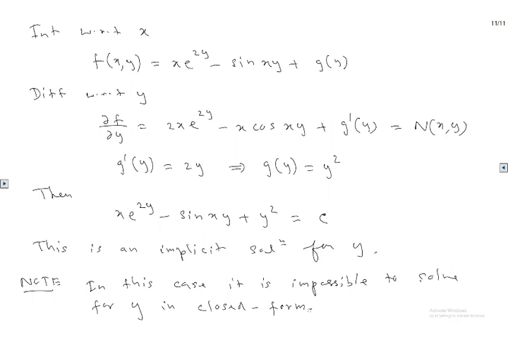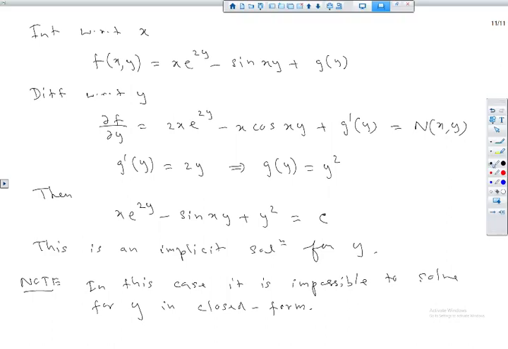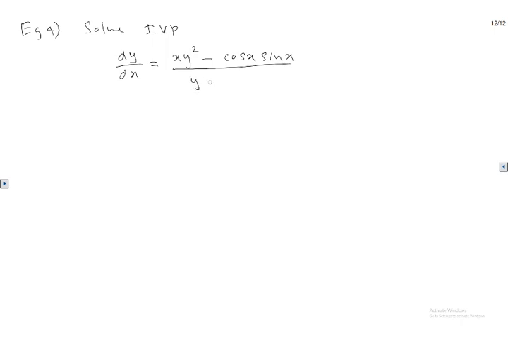So let's do one last problem, taken from the same book. So this is the last one, example number 4. Solve the initial value problem: dy over dx equals (x y squared minus cosine x sin x) divided by y(1 minus x squared), along with y(0) equal to 2.